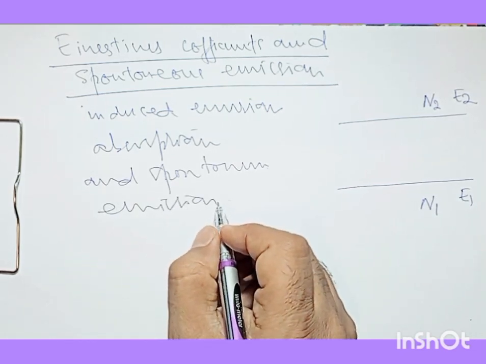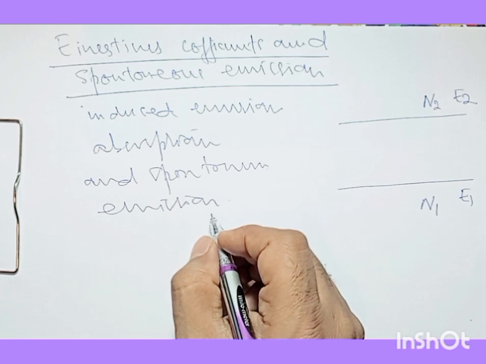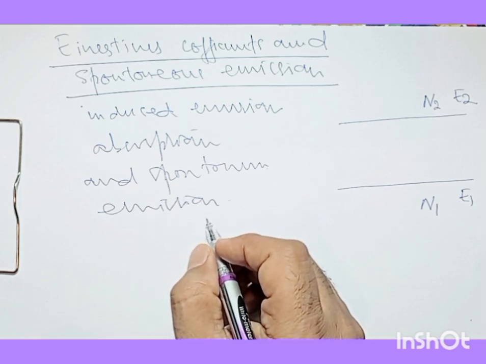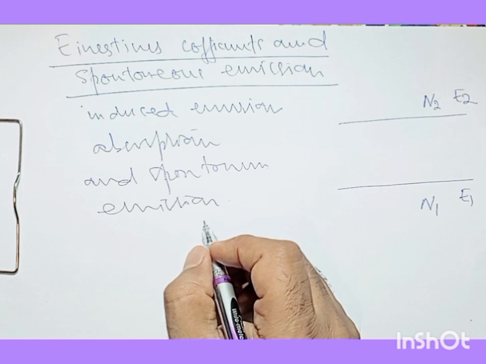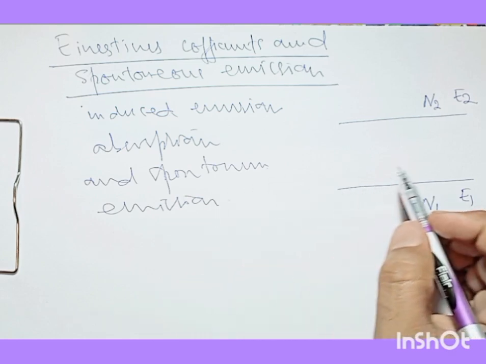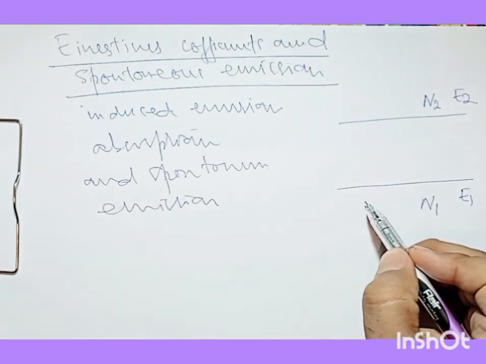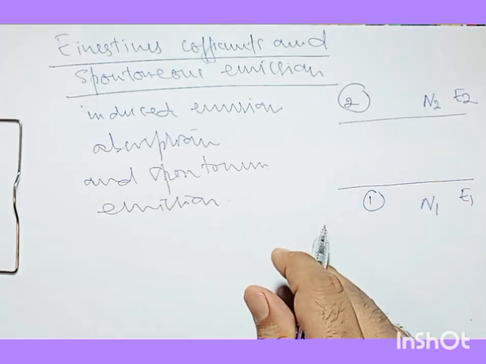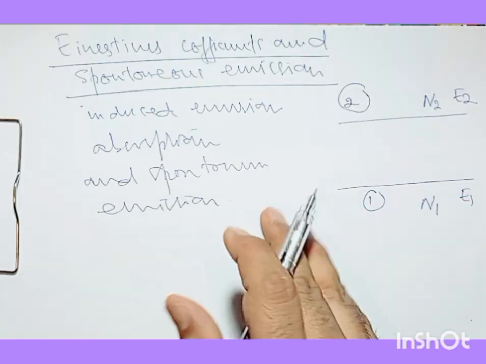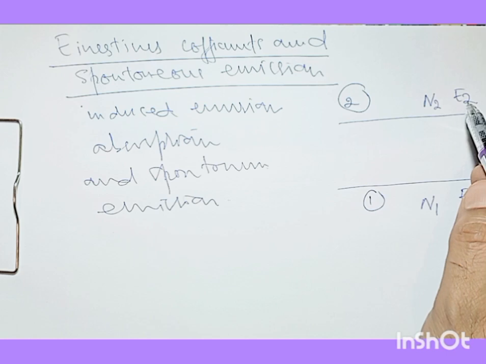And in order to get an idea regarding this spontaneous emission through Einstein's coefficients, what we should do is consider two energy states. We have energy state 1 and energy state 2 of an atomic system, with corresponding energies as E1 and E2.